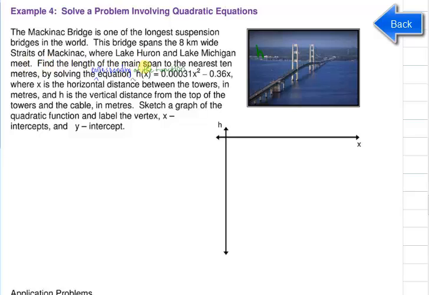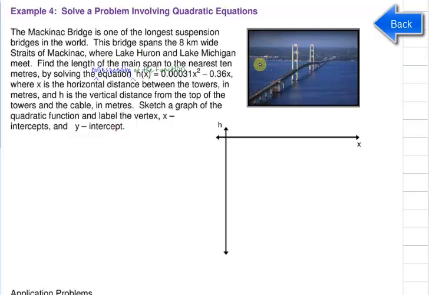Find the length of the main span to the nearest 10 meters by solving the corresponding equation of the function h of x equals 0.00031 x squared minus 0.36x, where x is the horizontal distance between the towers in meters and h is the vertical distance from the top of the towers and the cable in meters. Sketch a graph of the quadratic function and label the vertex, x-intercepts, and y-intercepts.